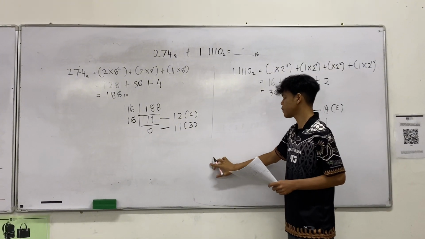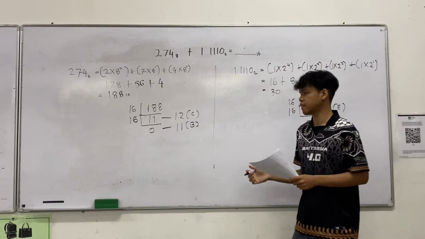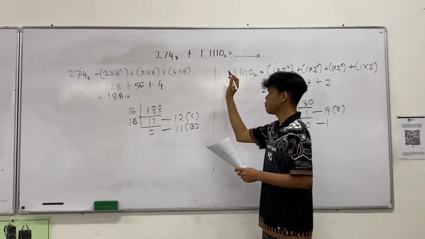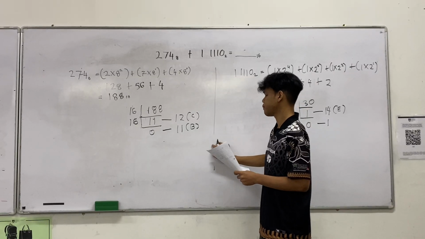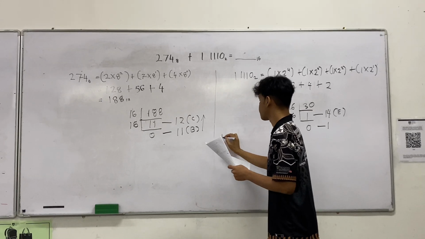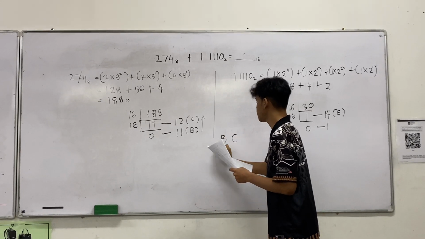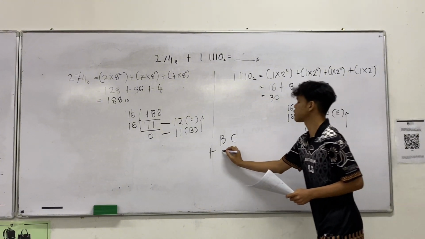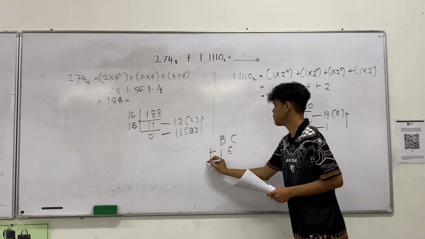So what we are going to do is calculate both of these numbers: BC plus 1E.